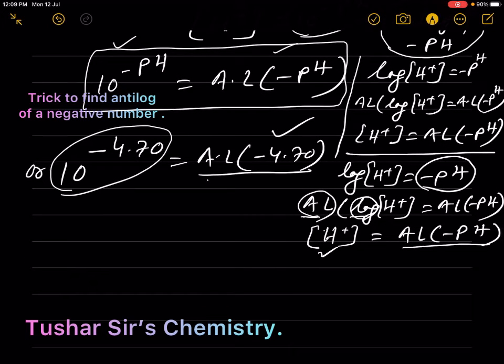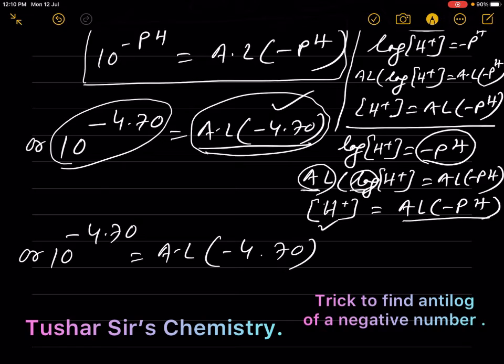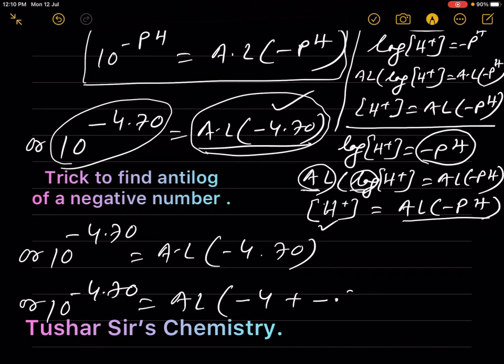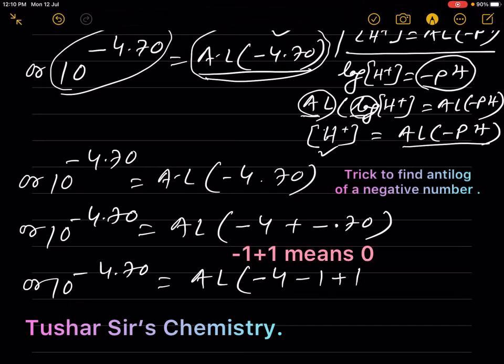Antilog of minus 4.70 is antilog of minus 4 plus minus 0.70, which is antilog of minus 4 minus 1 plus 1 minus 0.70.